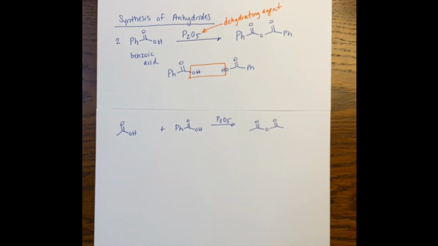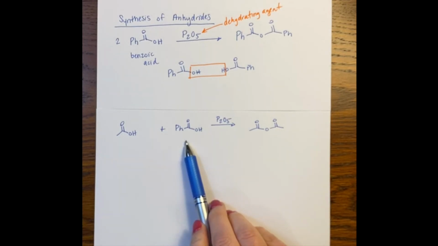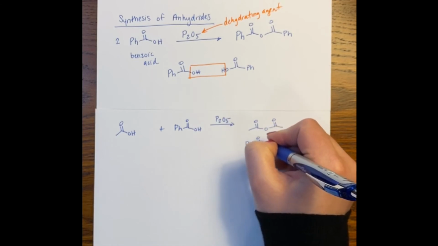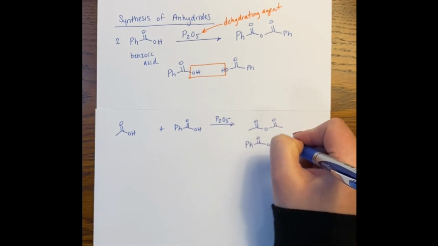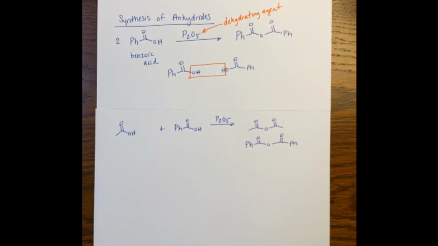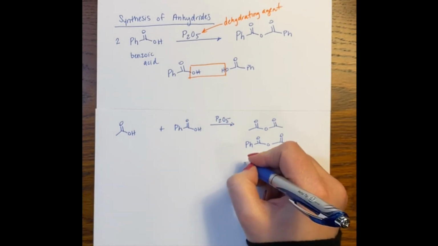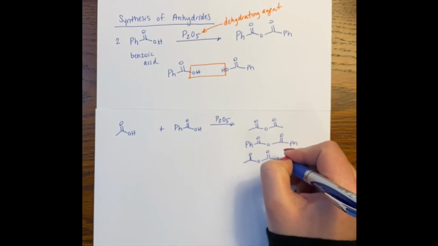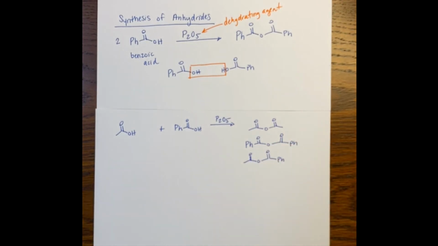In the same reaction we could also have 2 molecules of benzoic acid combine, and that would give us benzoic anhydride. And we could also end up with a product where we had the mixed anhydride, the benzoic ethanoic anhydride. So all 3 of those products would be possible out of that reaction.